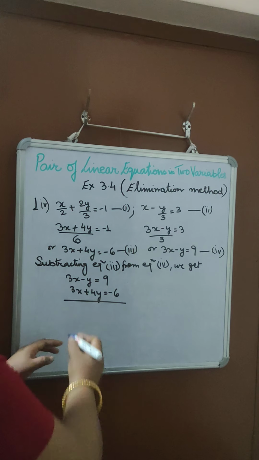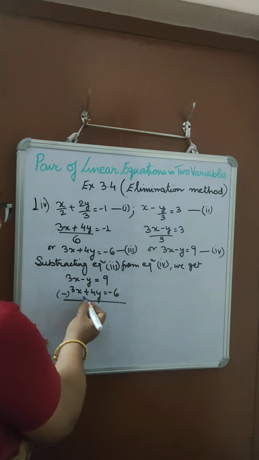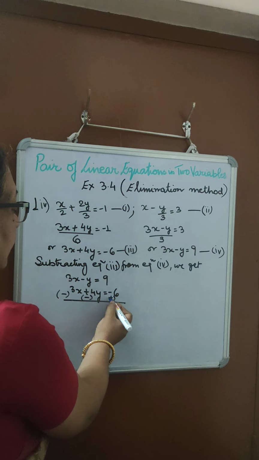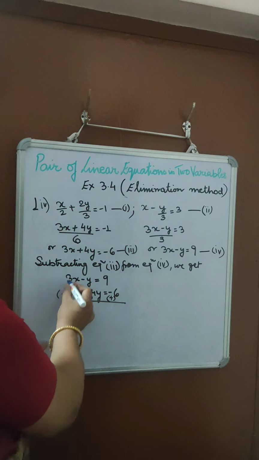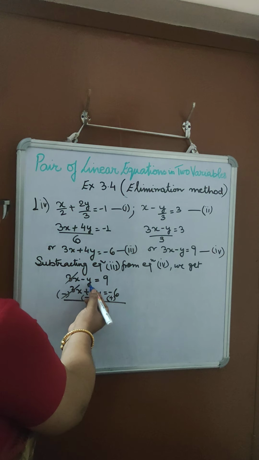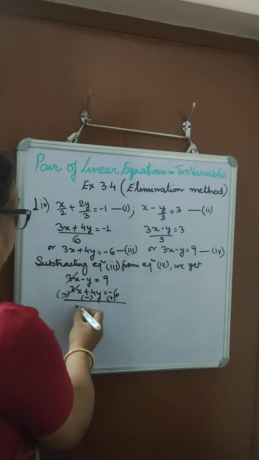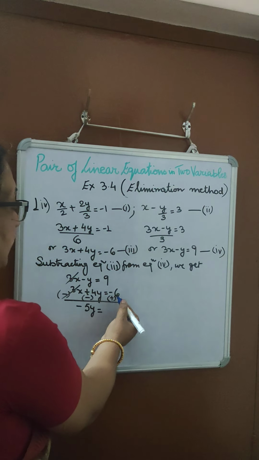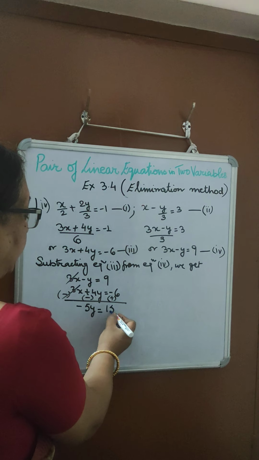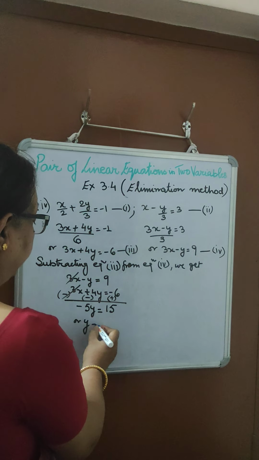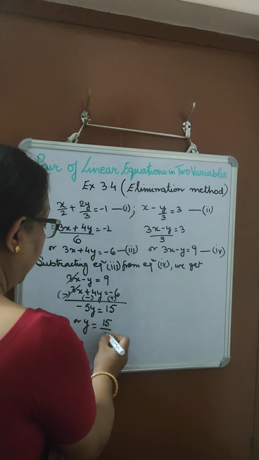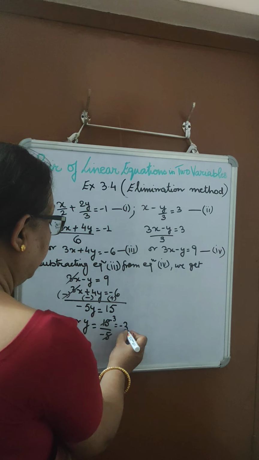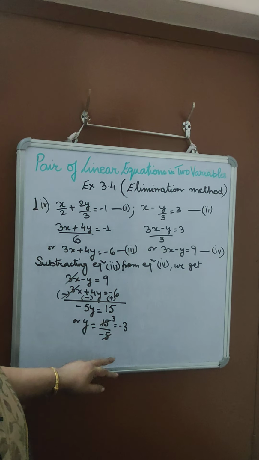So here this plus becomes minus, this plus again minus, this minus will become plus. So now you have 3x minus 3x, minus y minus 4y, that is minus 5y equal to 9 plus 6, that is 15. So y will be 15 by minus 5. You get minus 3.